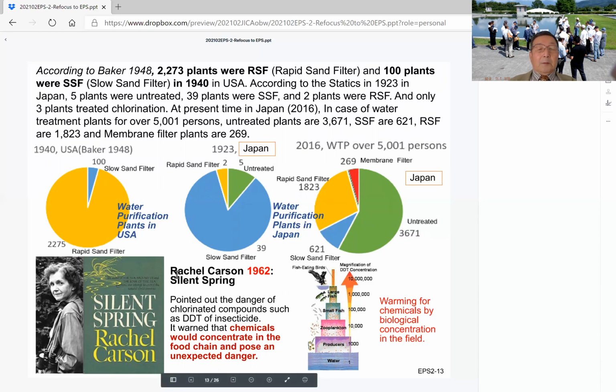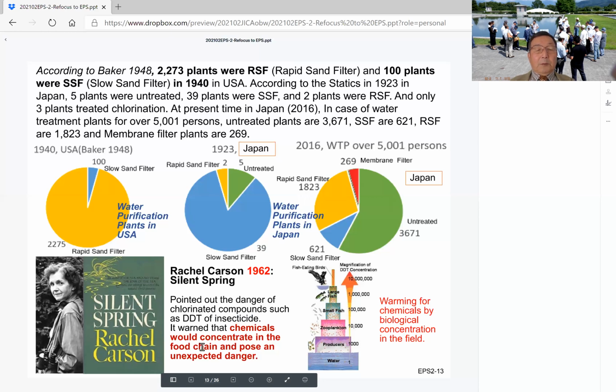And Rachel Carson published in 1962 the book Silent Spring, which pointed out the danger of chlorinated compounds such as DDT or insecticide.